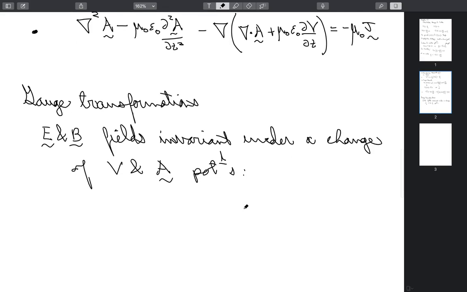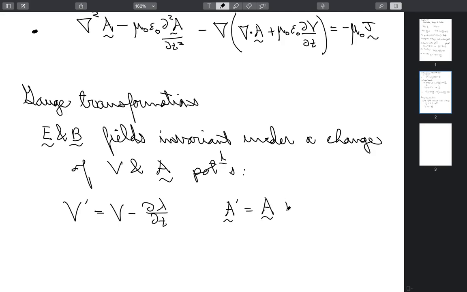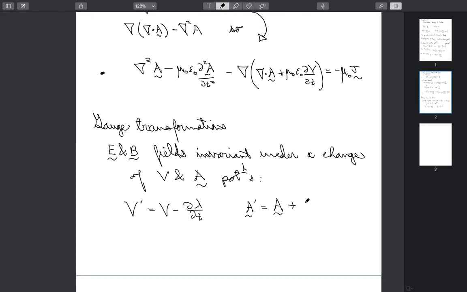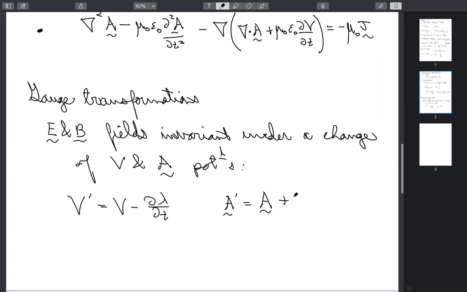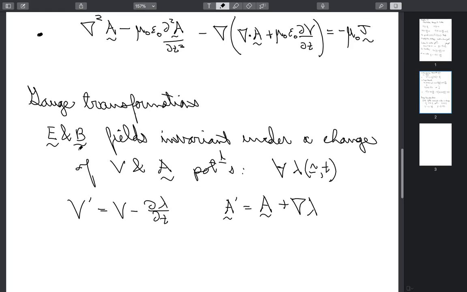Okay, so if I redefine my potentials in the following way, I have a V prime, which I define as V minus some time differential of some function, and then A prime, which is A plus the gradient of this function. For any function lambda of r, t, if I substitute these transformations inside the expressions for the fields, I get the same thing.